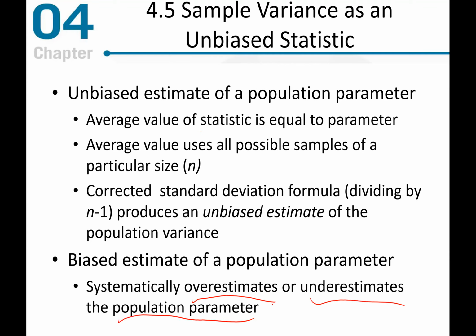So we don't want to do that. That is why we use the degrees of freedom, because if we do it correctly and average out all the values of the statistic that we are getting, it would be equal to the population parameter. All right.